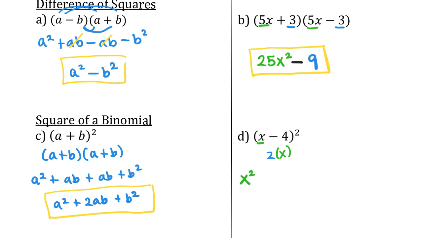What's b? b is the negative 4. So it's 2 times this times this. So 2 times x times negative 4, that's negative 8x. Okay, the last term is going to be b squared. b is this number, including the negative sign. So if I do negative 4 squared, I get positive 16.